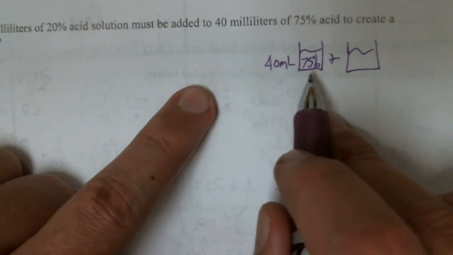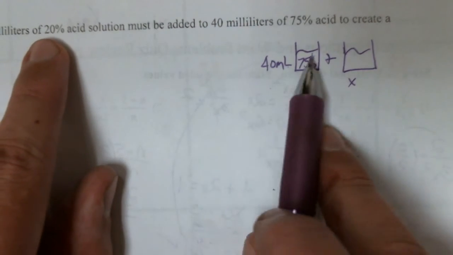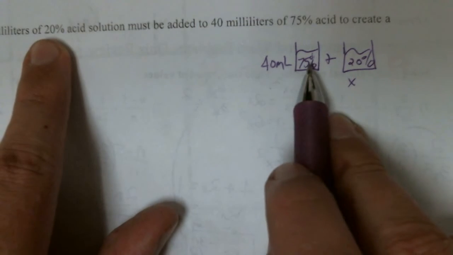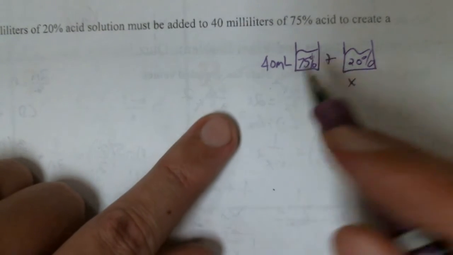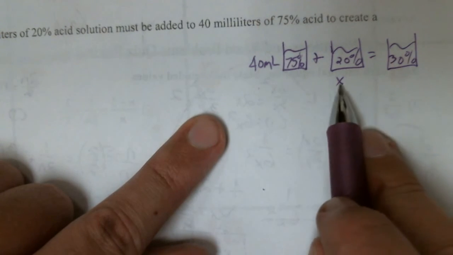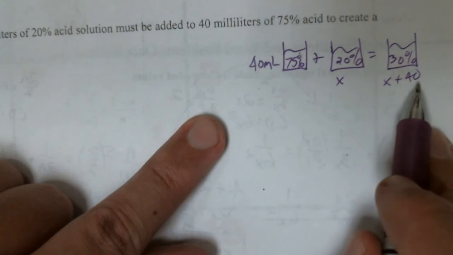Okay, so that's 40 milliliters. This is x milliliters. How much of the 20% do I have to literally pour into this vase to end up with a solution that is 30%? And the total volume will be x plus 40. The original plus whatever I add.